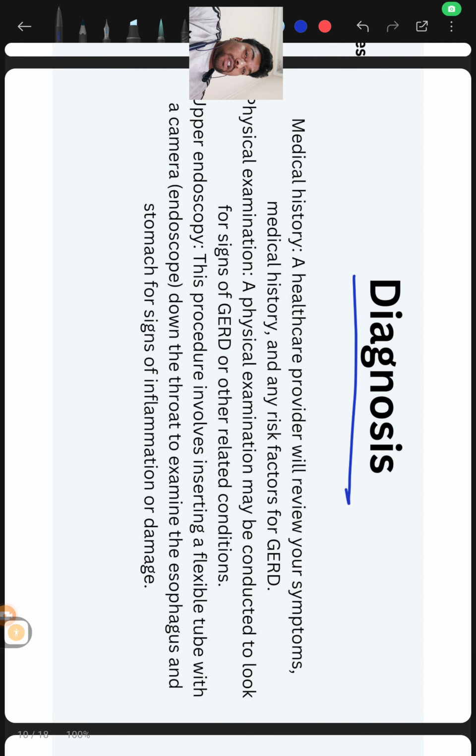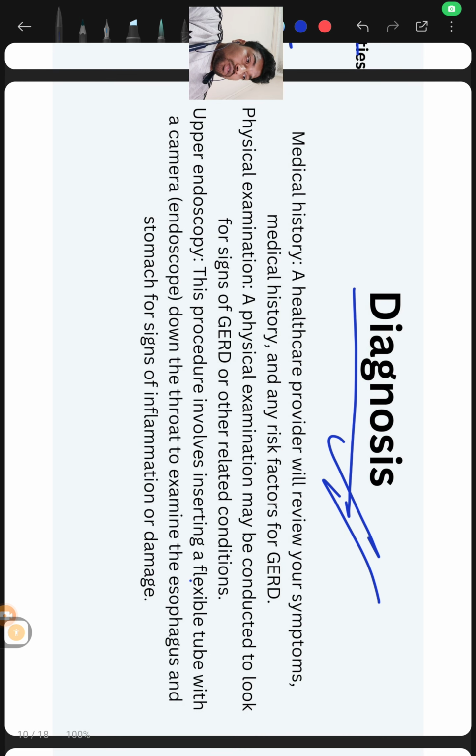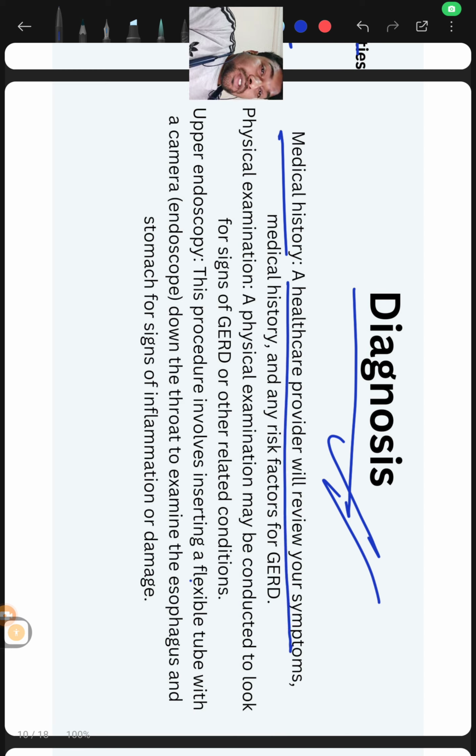Now we talk about diagnosis, that is how we can know that a patient is suffering from GERD. So different tests are done to confirm. The very first one is medical history. The doctor will take the medical history and analyze risk factors of GERD.